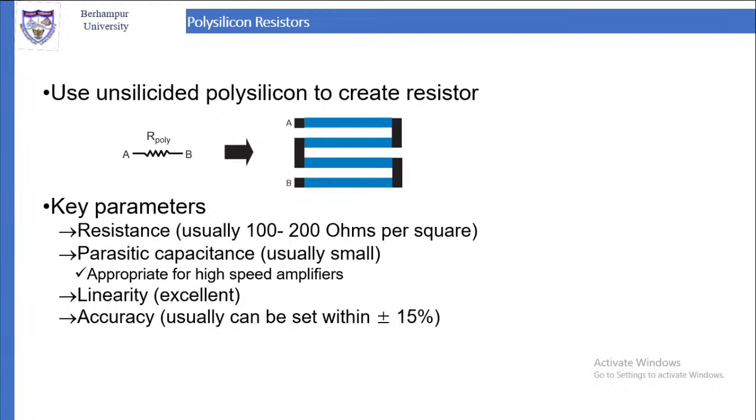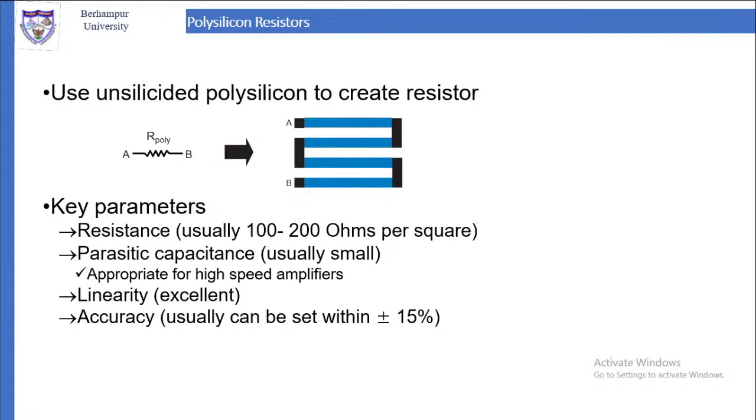If you design it this way, the A to B distance is small, but you are increasing the length. Using this type of layout, within a small distance the length is actually increased. Now as the length is increased, accordingly you vary the resistance. So according to your resistance, you choose the length, and according to the length, you design this method. So this is the layout. In the layout, you put polysilicon along this path.